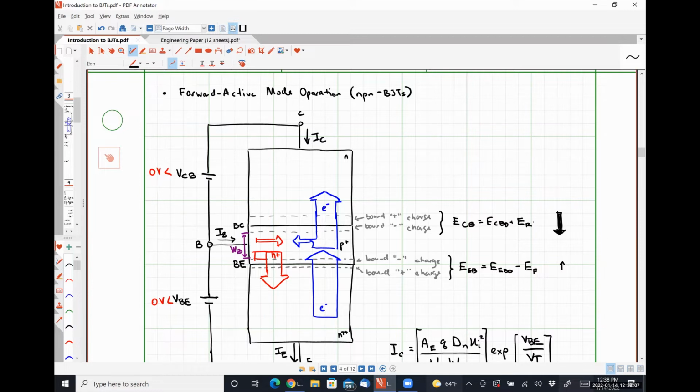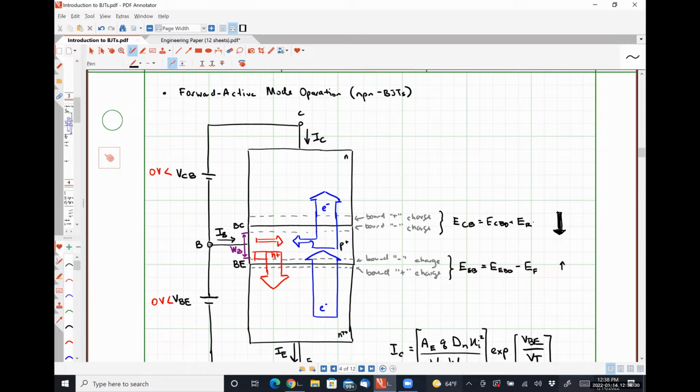As the collector voltage becomes more positively charged, the electrons in this N-doped region should be attracted towards the collector, moving the boundary of the depletion region up.